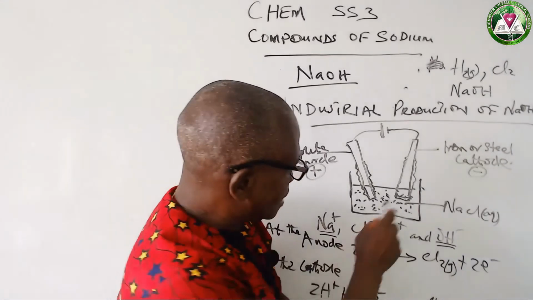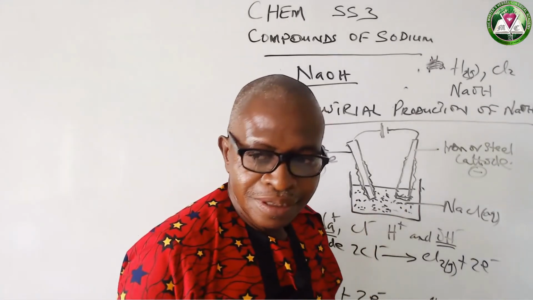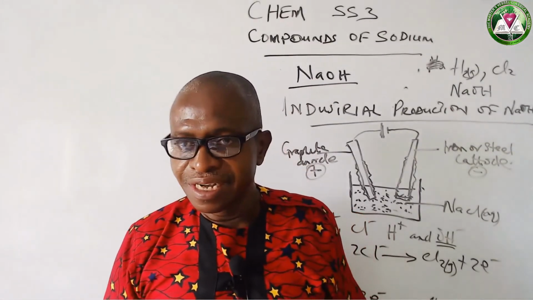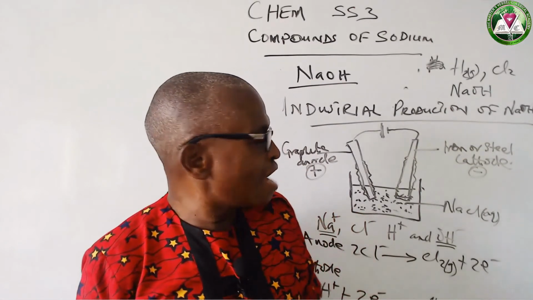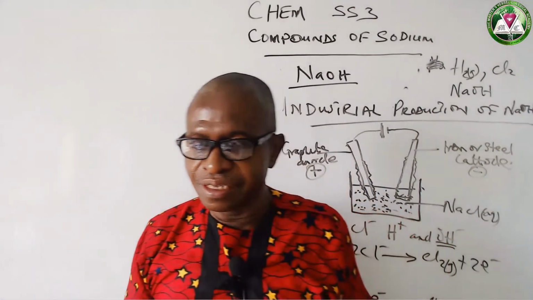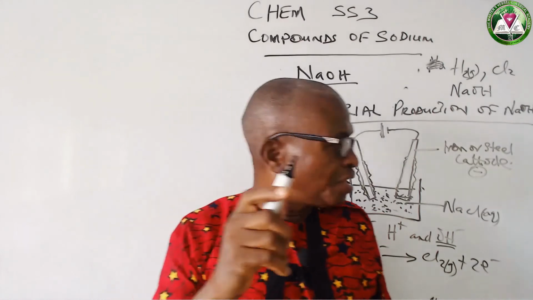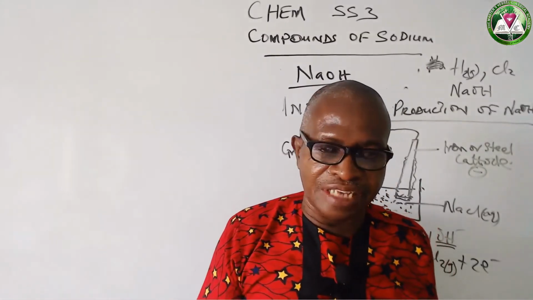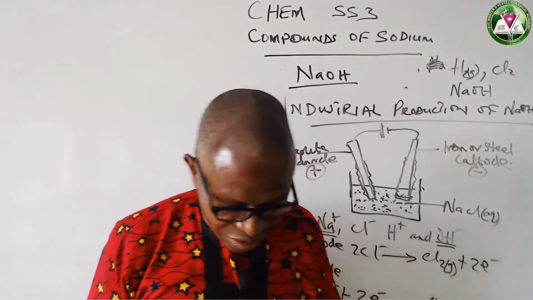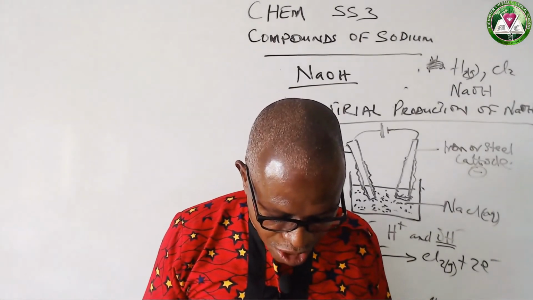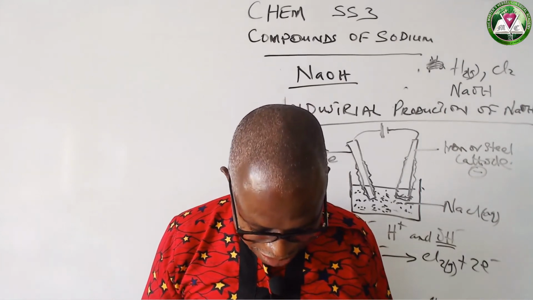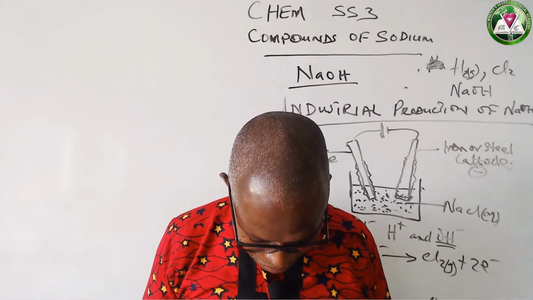You can see that this is a simple cell. What we use in producing this is a simple cell. But in industrial process, you cannot use this simple cell, because if electrolysis is prolonged, some of the product of electrolysis will react with other things there.